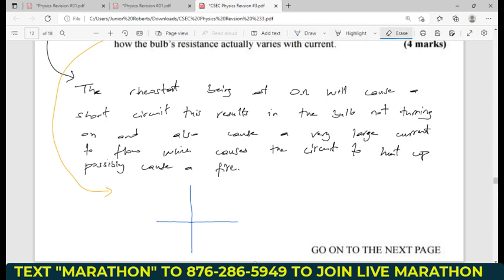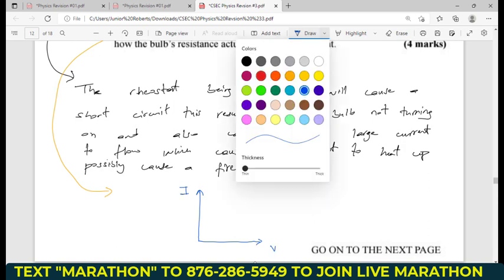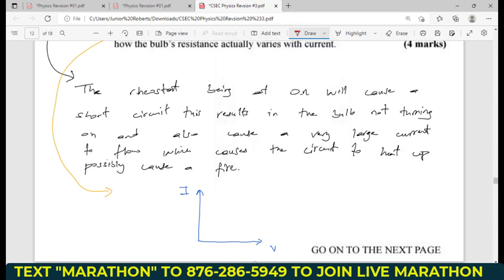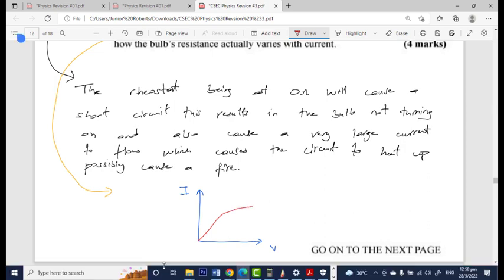So we have current against voltage. This is voltage right here, and current. We're going to see the current and the voltage increasing like this up to a point, then we're going to see it go like that. Right, so this is the IV characteristic for a filament lamp or a bulb.